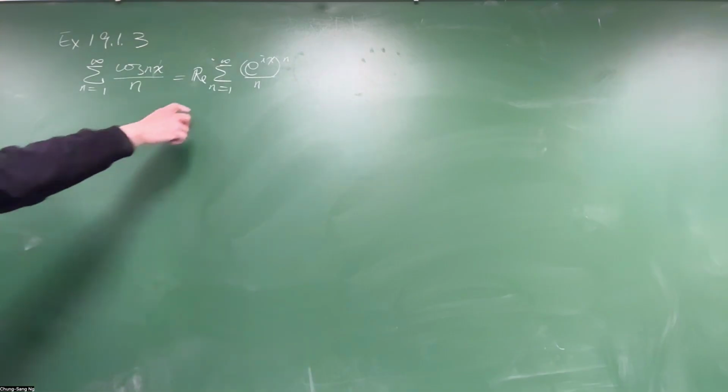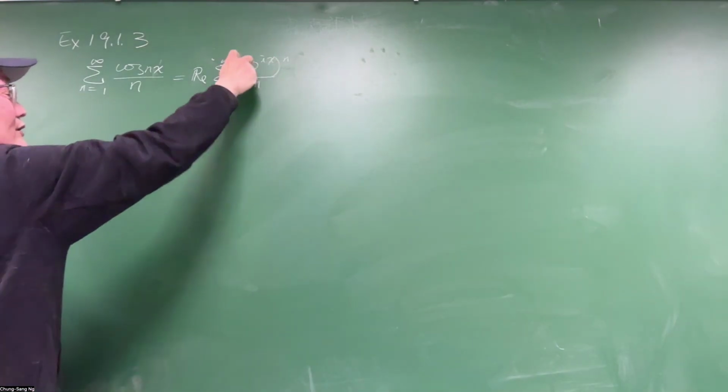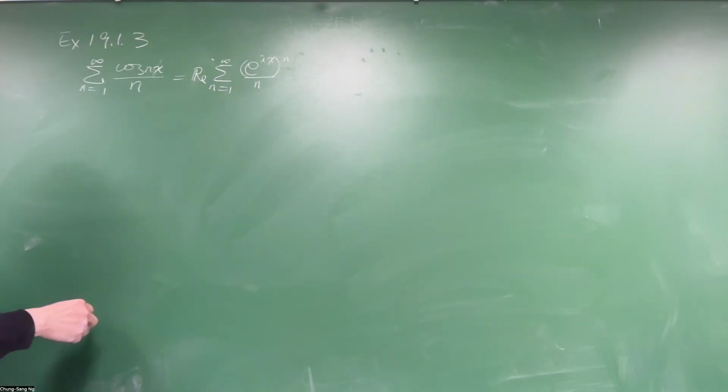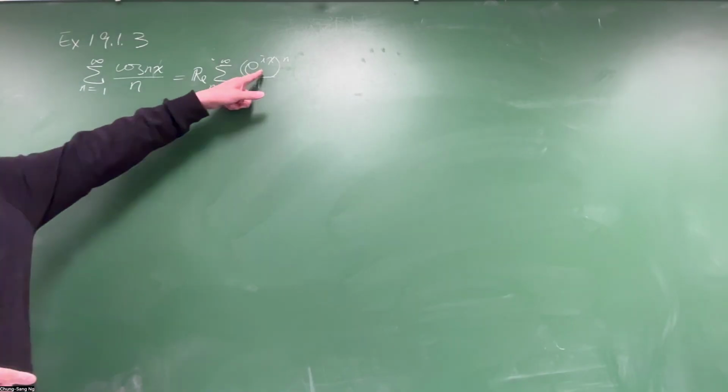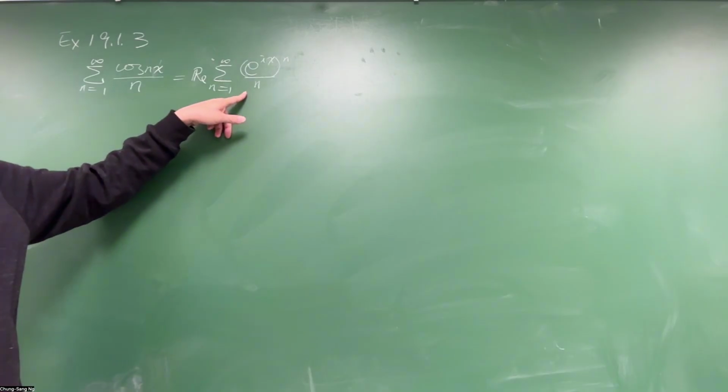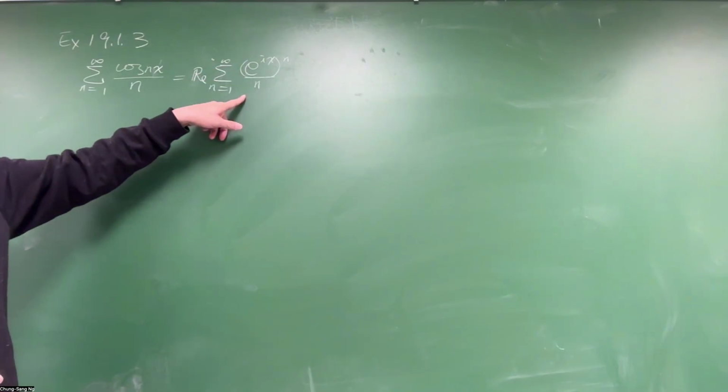Now you have a series, something to the n power divided by n. It doesn't matter what the argument is. You can look it up and see if you can find a series that has that kind of form.